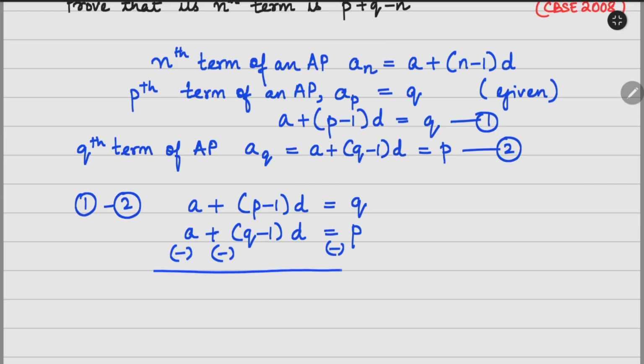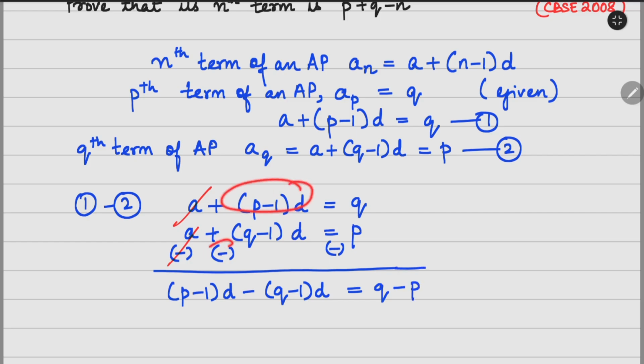So here you have your a and minus a gets cancelled. What is left here? You have (p minus 1) into d minus (q minus 1) into d equal to q minus p. I hope you know this. So the first term, you will be considering the negative sign here.